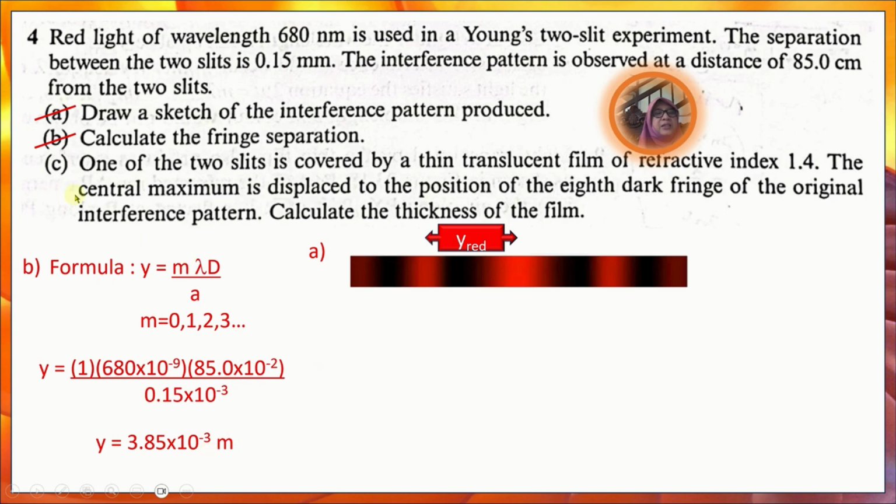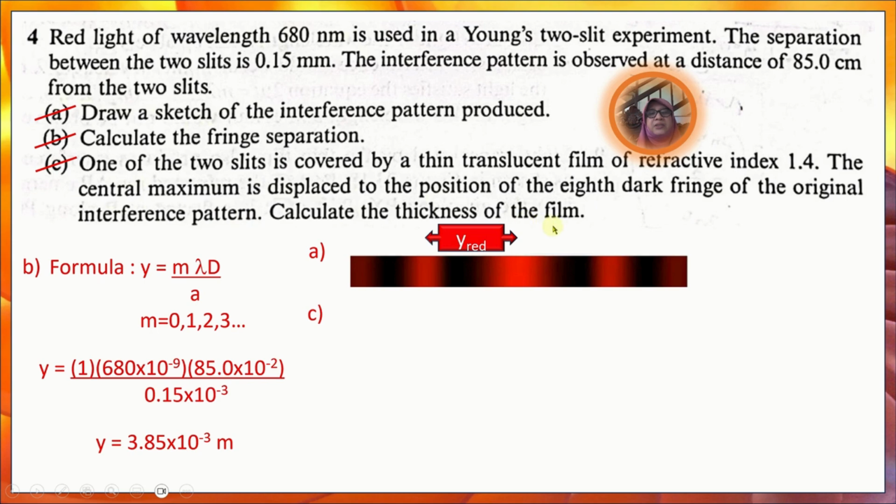Lastly, question C. One of the two slits is covered by a thin translucent film of refractive index 1.4. The central maximum is displaced to the position of the 8th dark fringe of the original interference pattern.